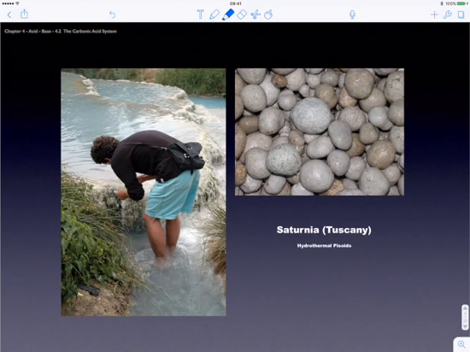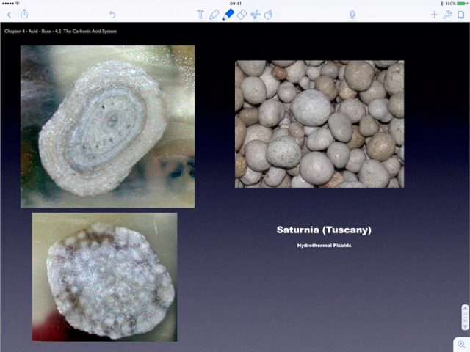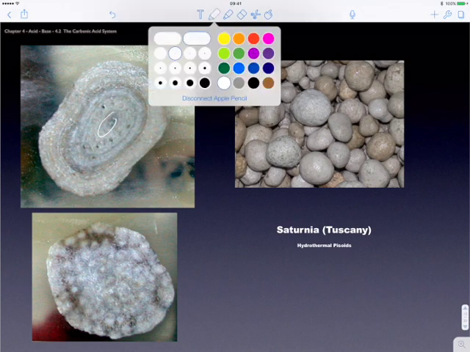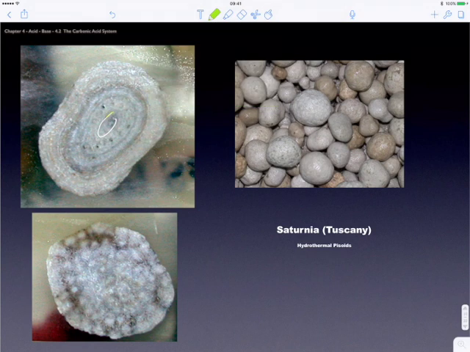And this can lead to the formation of pisoids, of typical round shape, around 1 to 2 centimeters in diameter. If you cut that, you can see the precipitation of calcium carbonate in concentric rings.